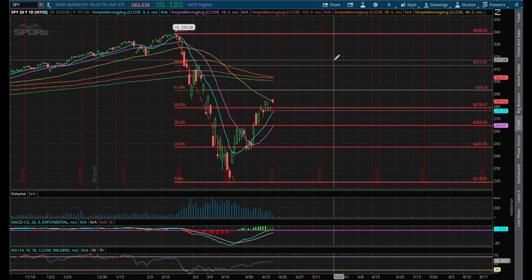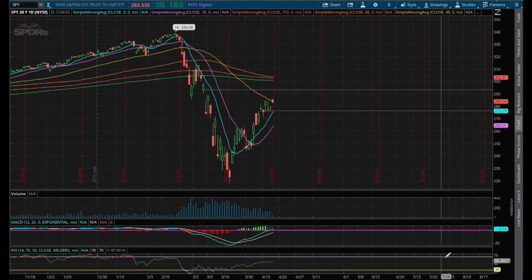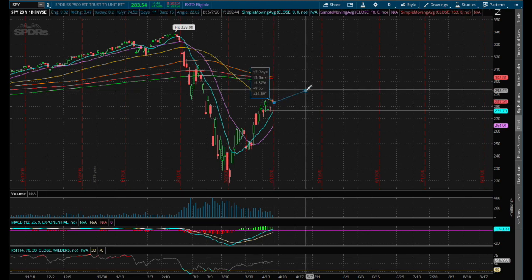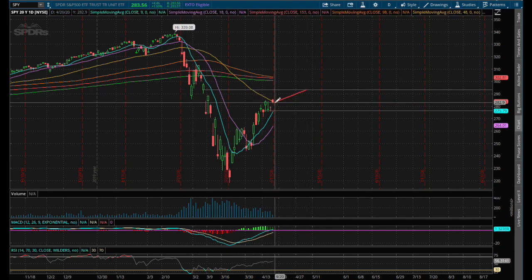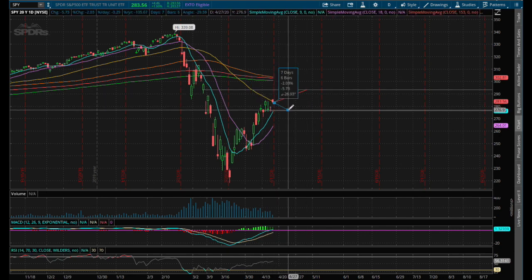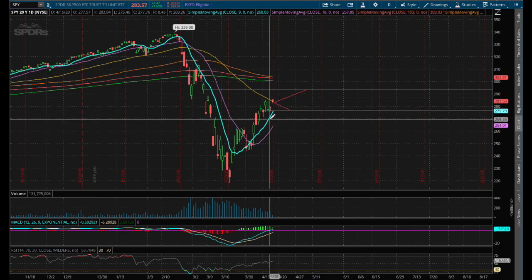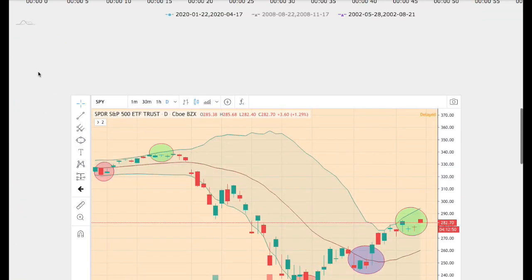If we remove this Fibonacci retracement and examine the percent movement to the resistance or the gap down, it is around 3.7% to the upside, and to reach previous support, it is around 2% to the 9-day moving average, this blue line.